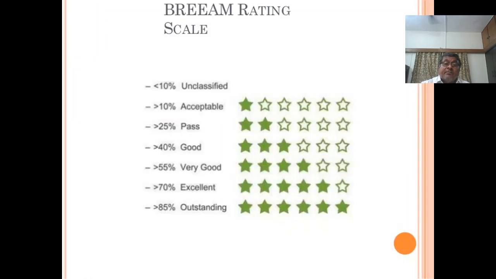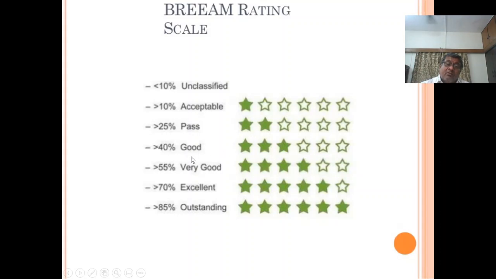BREEAM rating scale: less than 10% unclassified, greater than 10% but less than 25% it is acceptable, greater than 25% but less than 40%, you get 2 star, that is pass.